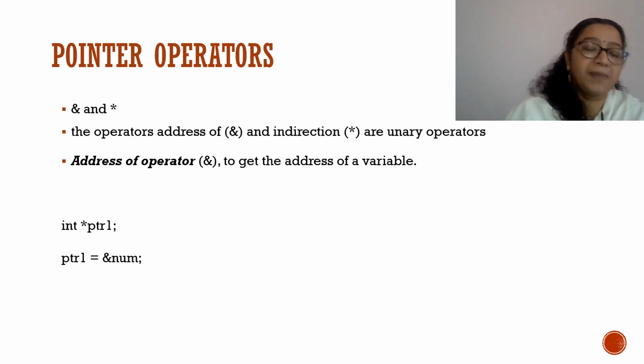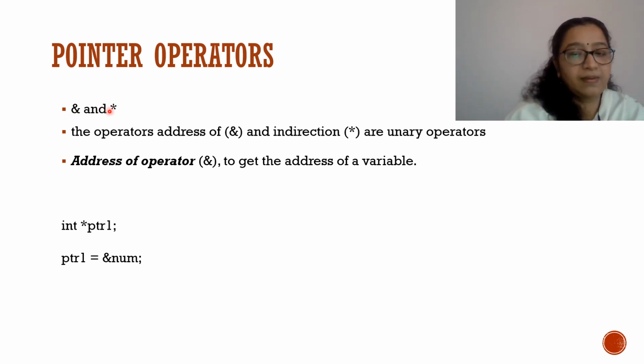See, pointer operators. What are the operators used for pointers? Ampersand and star. These two are the operators used for pointers. Okay. See the next point. The ampersand is called the address of operator. And the indirection operator is called the asterisk sign.